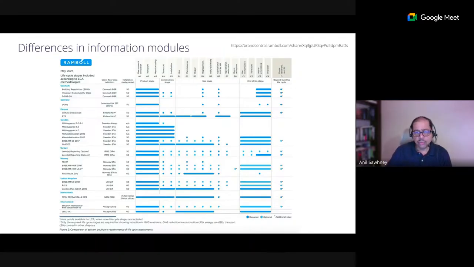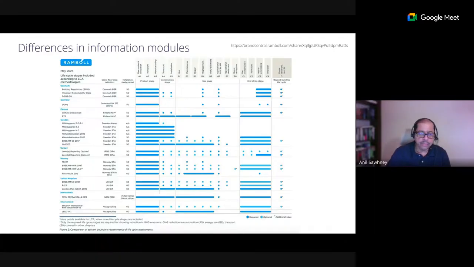You have module B, which is your use stage, in which the project is completed and the asset is turned over to the operator and it's used. And then once the asset has reached end of life, module C is used to calculate emissions resulting from end of life. And then you have beyond building life cycle.